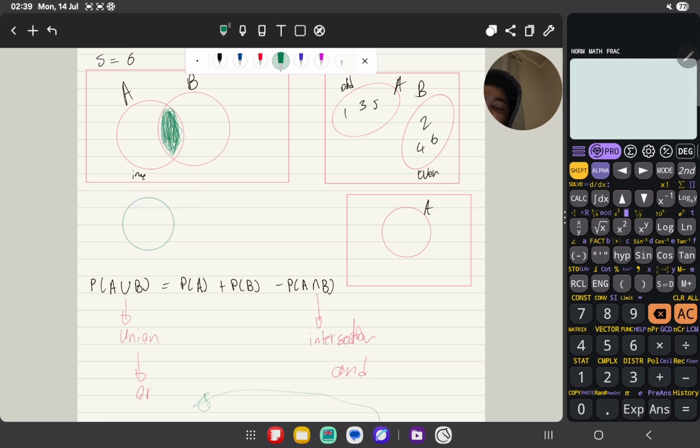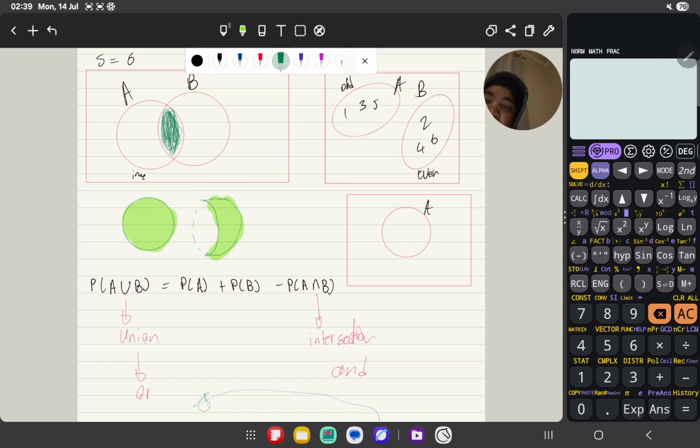So we have the first circle, and then we're going to have something like this. If we talk about "or", it's going to be this whole circle plus this portion of the circle.